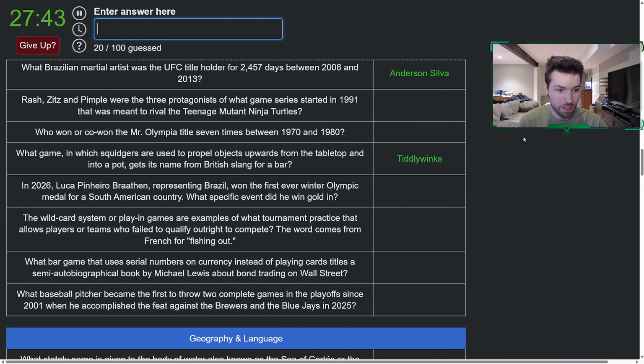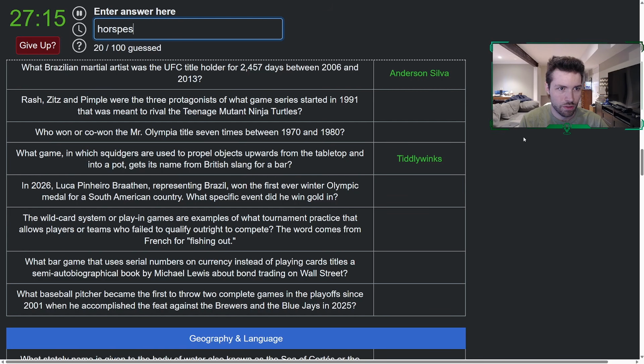The wildcard system or play-in games are examples of what tournament practice that allows players or teams who fail to qualify outright to compete? The word comes from French for fishing out. Okay. So like pêchage, fishing out.